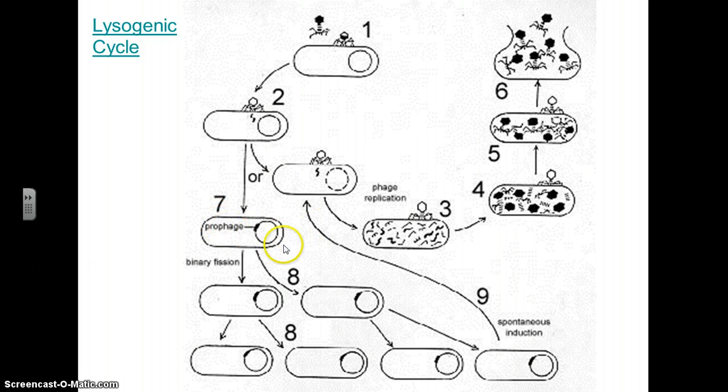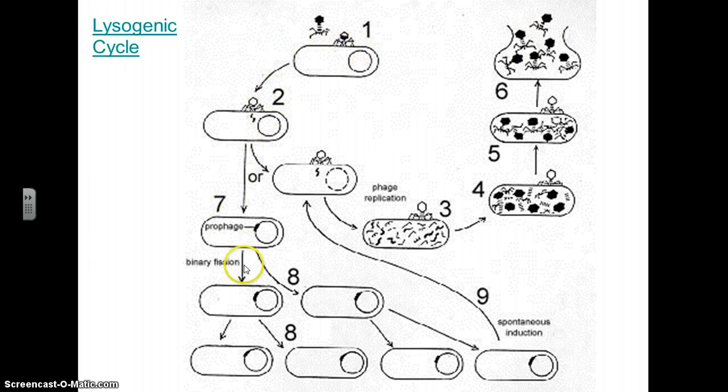Now that bacterium can just go on and reproduce, and the virus DNA is reproduced each time, and that prophage spreads from one cell to more and more. Later on, that cell can go back into the lytic cycle, such that now the bacterium becomes a virus-making machine. It makes lots of viruses, it breaks open, and they're released.